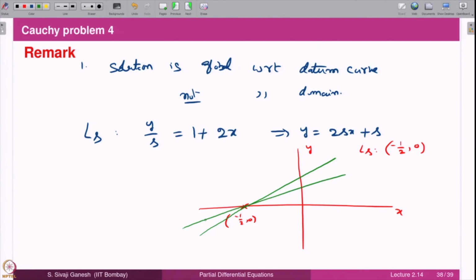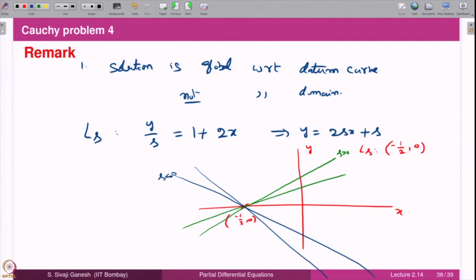This is for s positive, these are the family corresponding to positive s's, and for negative s's it is going to be like that, and so on. All of them pass through this.